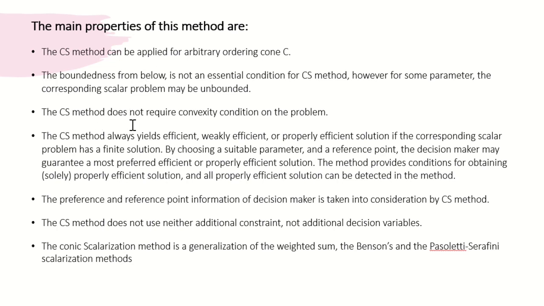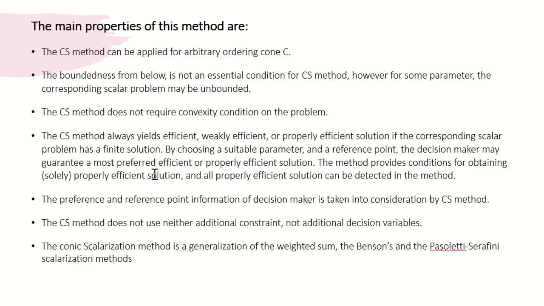This problem does not require a convexity condition, and it always yields an efficient, weakly efficient, or properly efficient solution if the corresponding scalar problem has a finite solution. It is a really important feature because insofar as we can solve this problem, we may have a really good solution.